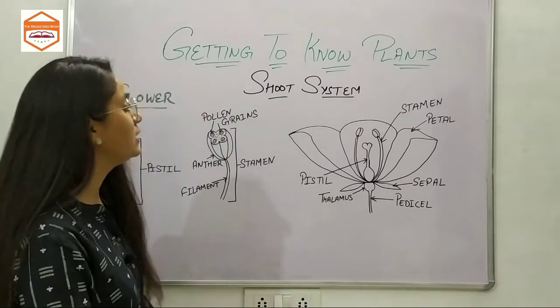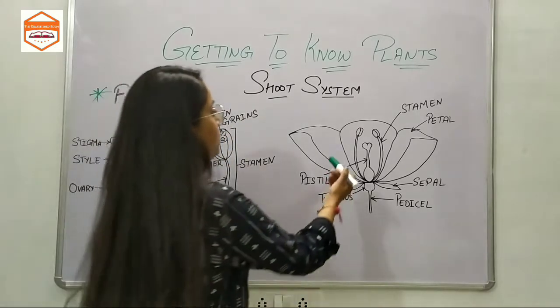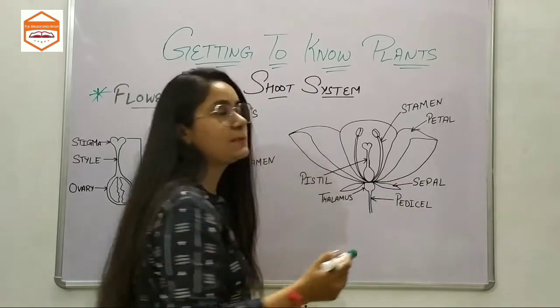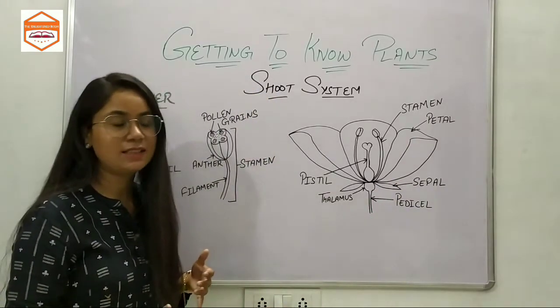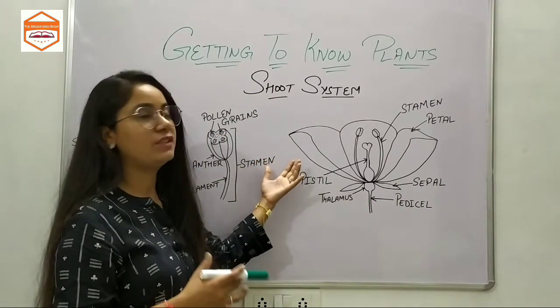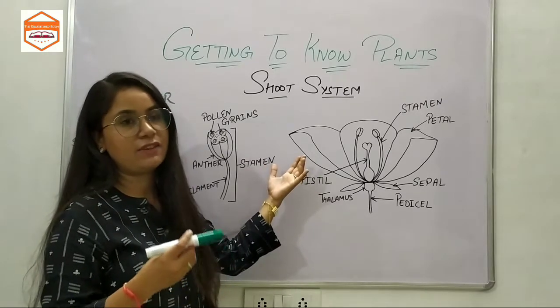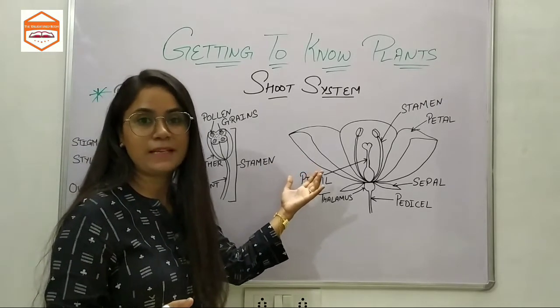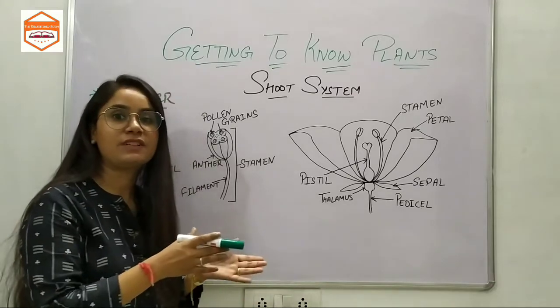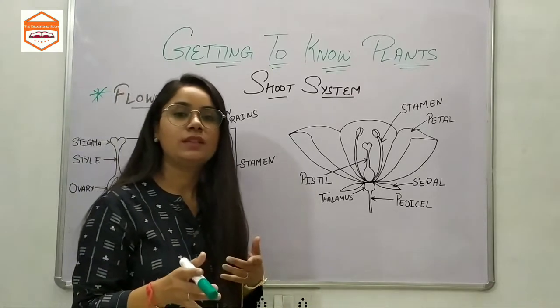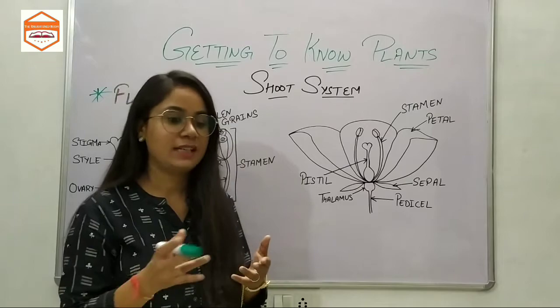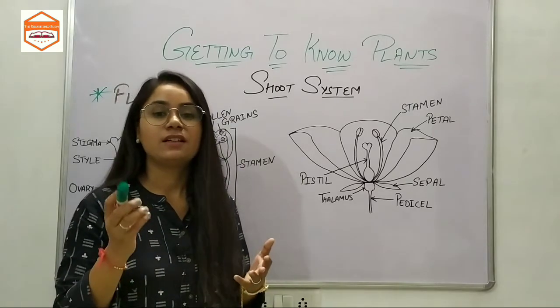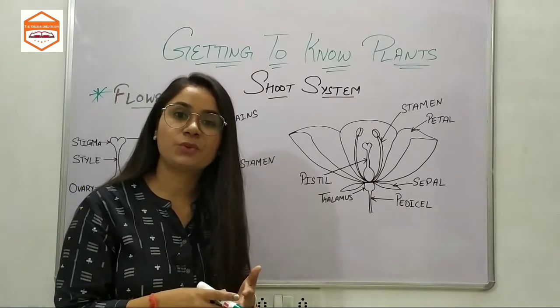Okay, now this flower has some beautiful petals. These petals are bright in color, and every plant would have a different color of petal, like the rose has different colored petals, yellow for the yellow rose, red for the red rose and pink for the pink rose.